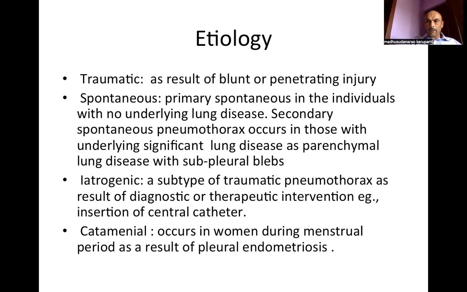Iatrogenic, which again, I told you, is a subtype of the traumatic pneumothorax, as a result of diagnostic or therapeutic interventions in the form of insertion of a catheter, etc. Simple needle aspiration, if the procedure is not done taking the precaution for air tightness, may result in the sucking in of the air into the pleural cavity. Catamenial occurs in women during the menstrual period as a result of pleural endometriosis.